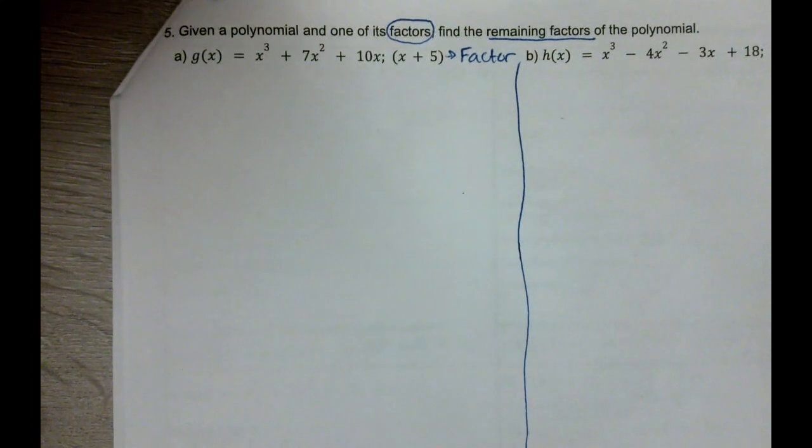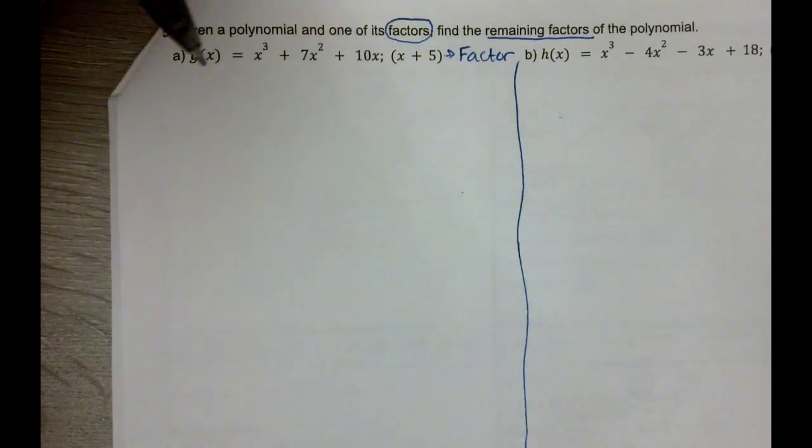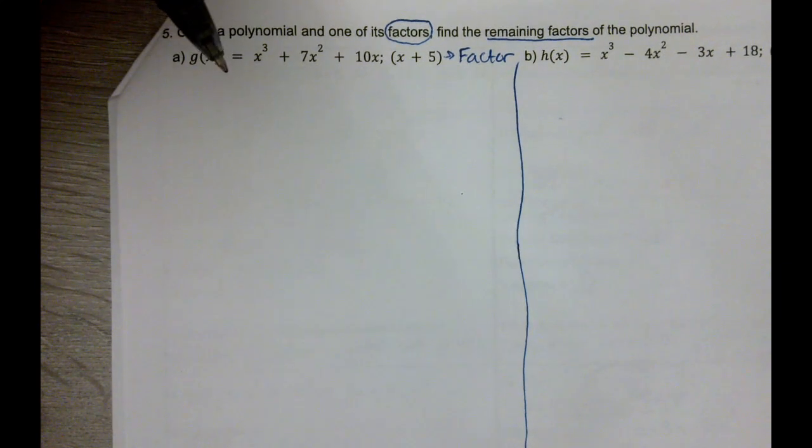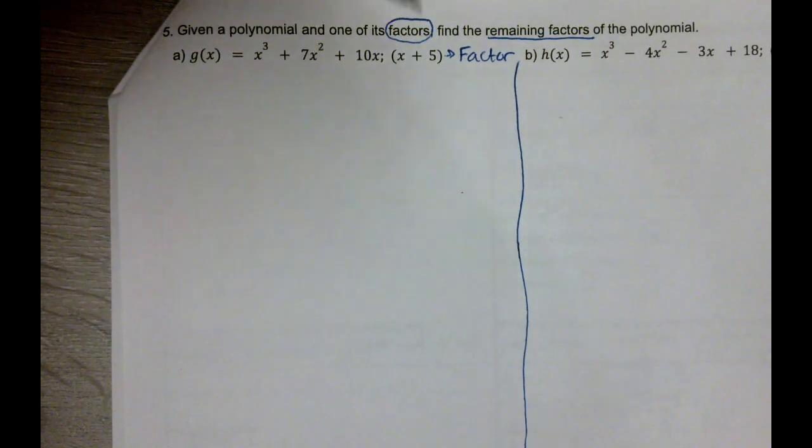Before I do that, I just caught myself: we go through and make sure we're not missing anything. I always like to write this out a second time if we are missing something, just so I can see what I need to include. x cubed, 7x squared, x. Notice we don't have a constant term. This is important. You can't leave that out.